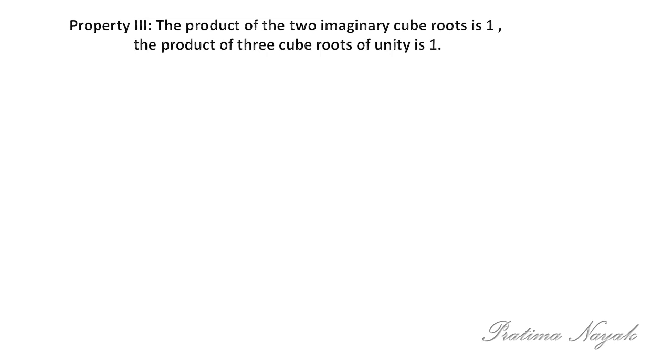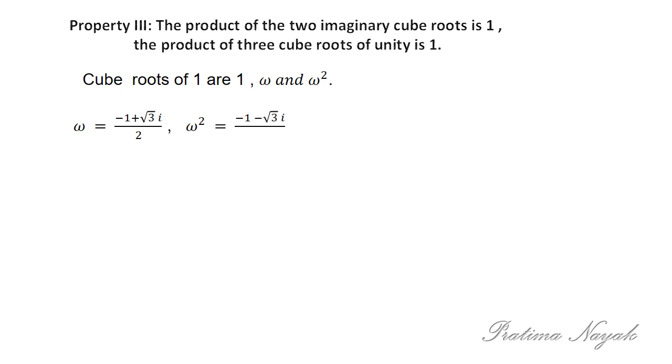Next property: the product of the two imaginary cube roots is equal to 1. So ultimately the product of the three cube roots of unity is 1. Let us see. Omega is equal to minus 1 plus root 3i over 2 and omega square is equal to minus 1 minus root 3i over 2.